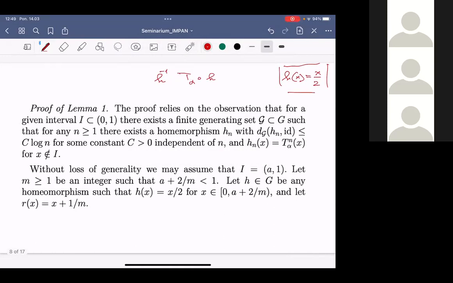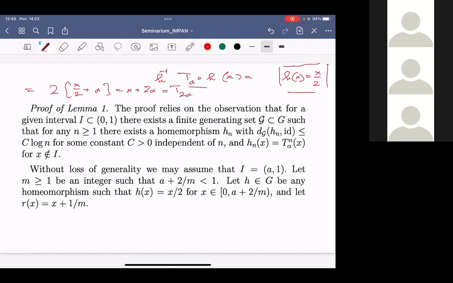What is the result of this composition on some point X? First composition will be X half plus alpha, and we take this multiplied by 2, so this will be X plus 2 alpha.